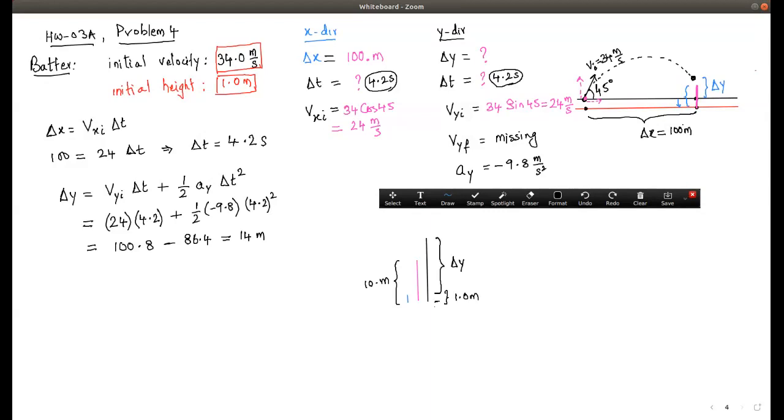So delta y plus 1 meter, that's the height from the ground, minus 10 meters is your clearance height.